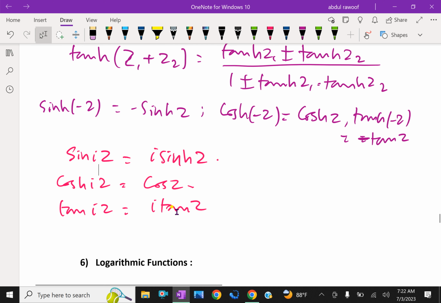Cos iz equal cos hyperbolic z. Tan iz equal to i tan hz.